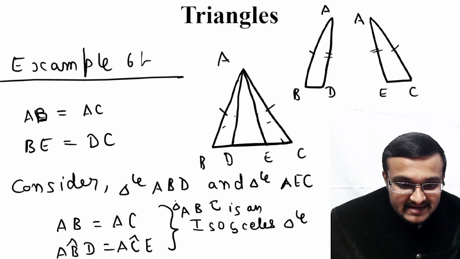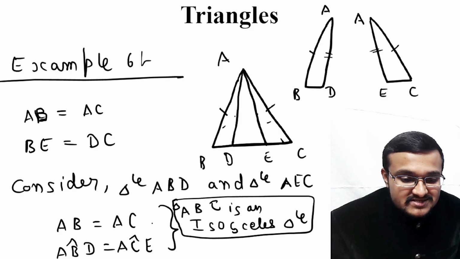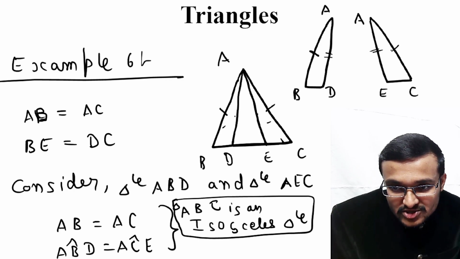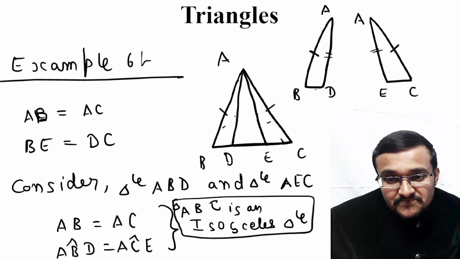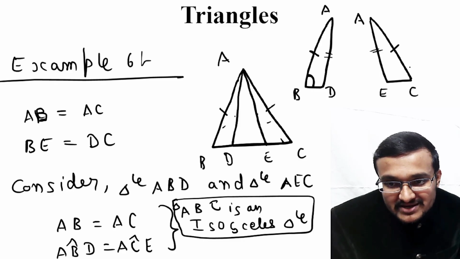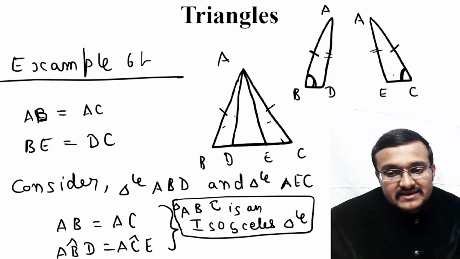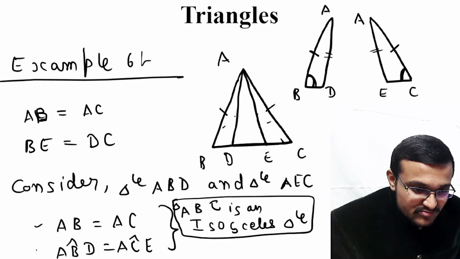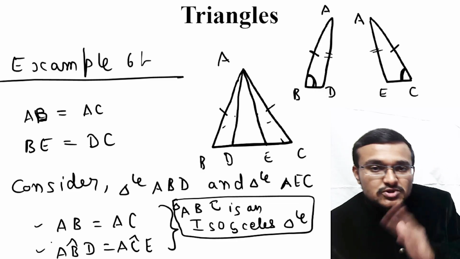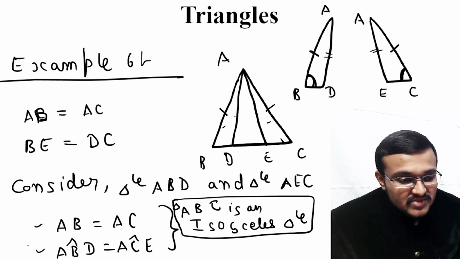Since ABC is an isosceles triangle, AB is equal to AC, and according to theorem 7.2, angles opposite to equal sides should be equal in an isosceles triangle, that is angle ABC and angle ACB should be equal to each other. So in these triangles, angle ABD and angle ACE are equal to each other, and AB is also equal to AC because triangle ABC is an isosceles triangle.